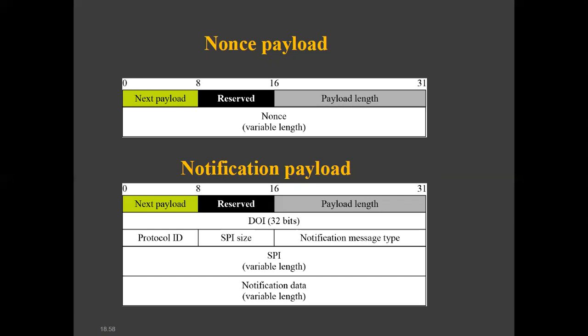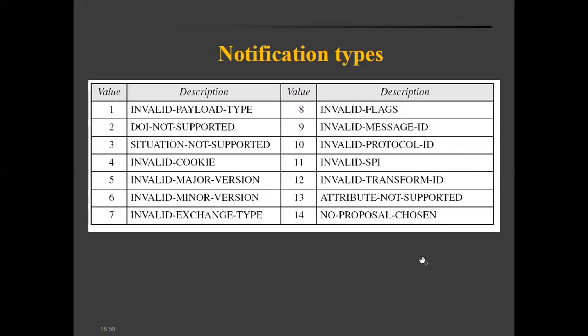And the notification data. The notification message type is in the message type field, and notification data is variable length and it can carry extra textual information about the status or the error. So what kind of notifications can there be? If the notification type is set to 1, it means invalid payload type.